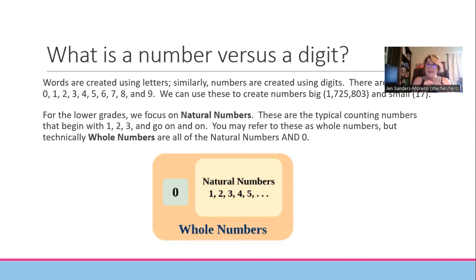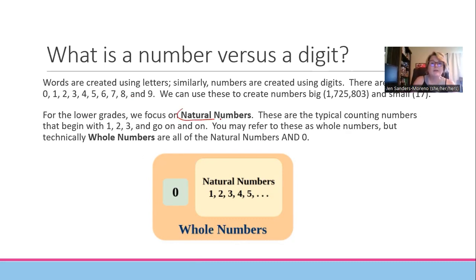So for lower grades, we usually focus on whole numbers, but that being said, whole numbers technically include 0. When you ask a student to count, they're not going to go 0, 1, 2, right? You ask a student to count, they're going to go 1, 2, 3, 4. So technically those are called natural numbers.